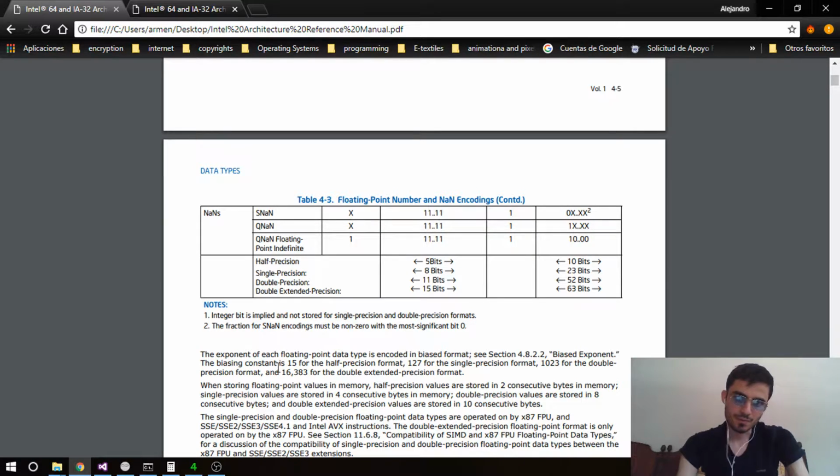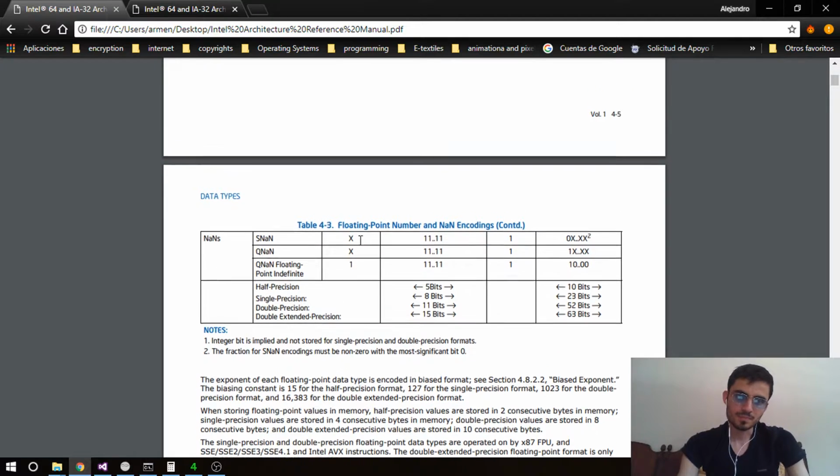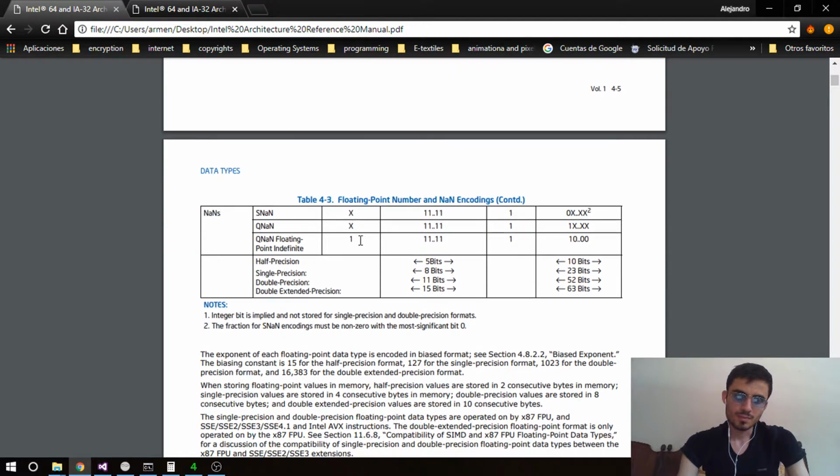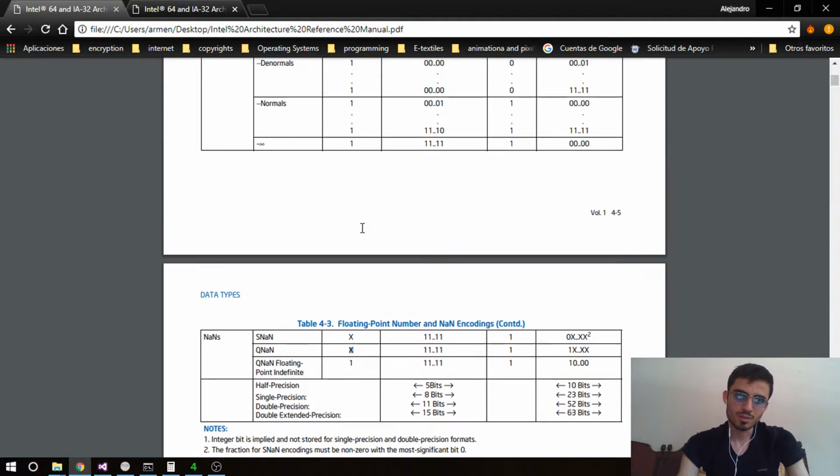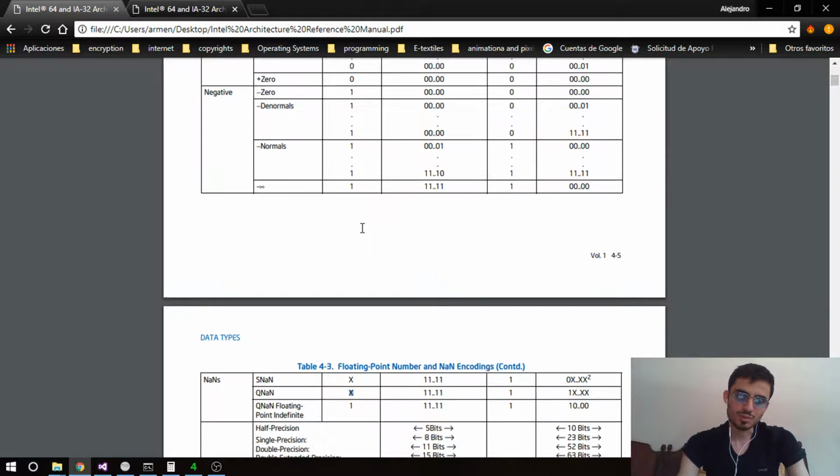And you have basically the same, and it has to have a 1 as a sign. And I don't know if X means that anything can go here. I don't know. So it can be 1 or 0, 1 or 0.